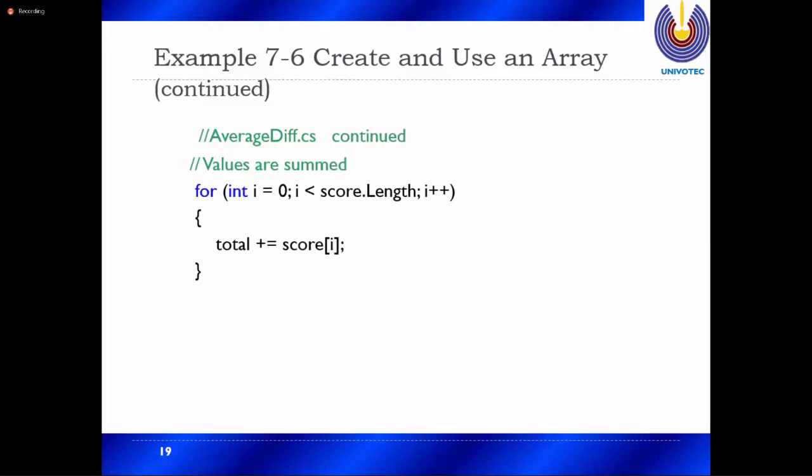We add the 10 elements. Then average equals total divided by score.length, which is the number of elements.